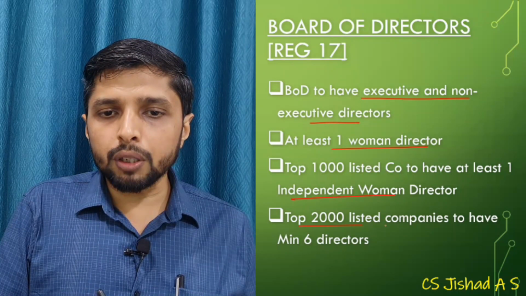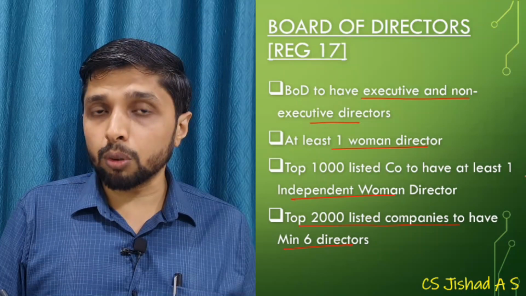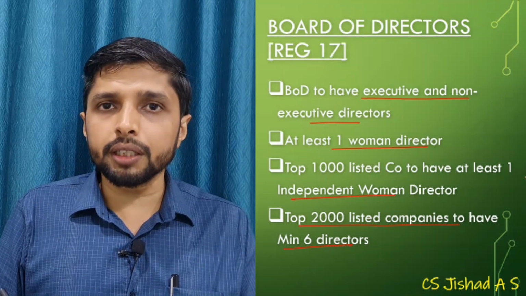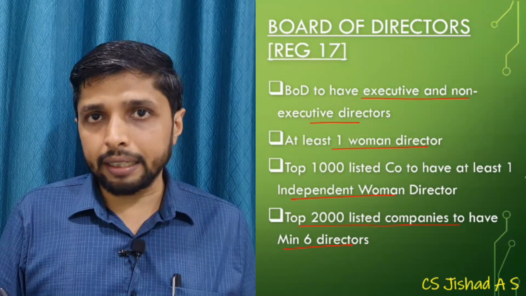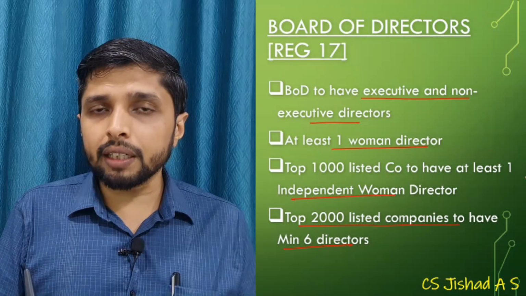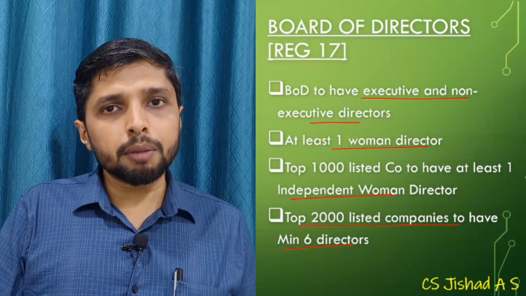Then top 2000 listed companies to have minimum 6 directors on board. See, in 149 subsection 1 we discussed that in a public company there should be minimum 3 directors on board, but for top 2000 listed companies, which is based on market capitalization, they should be having a minimum of 6 directors on the board.